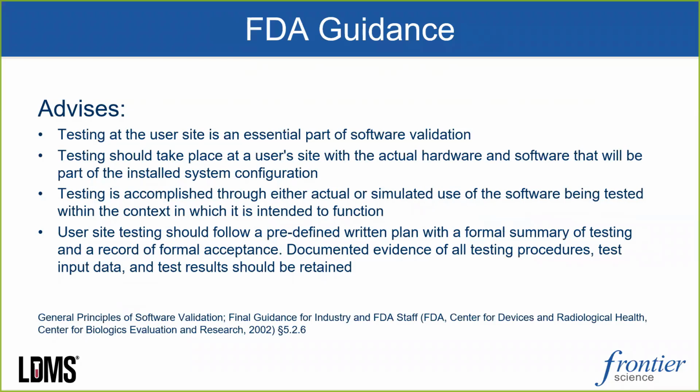It should take place at the user site with the actual hardware and software that's part of the installed system configuration. Now, testing is accomplished through actual or simulated use of the software being tested within the context in which it's intended to function, and the user site testing should follow a predefined written plan that includes a formal summary of testing and a record of acceptance.